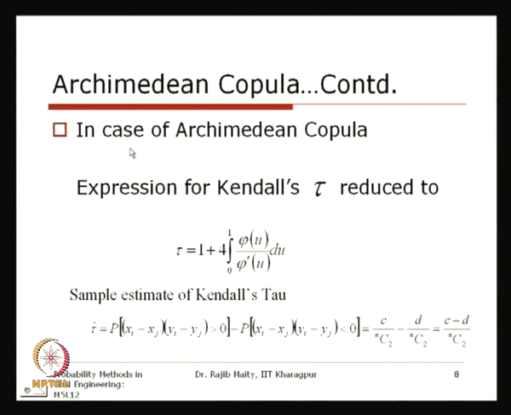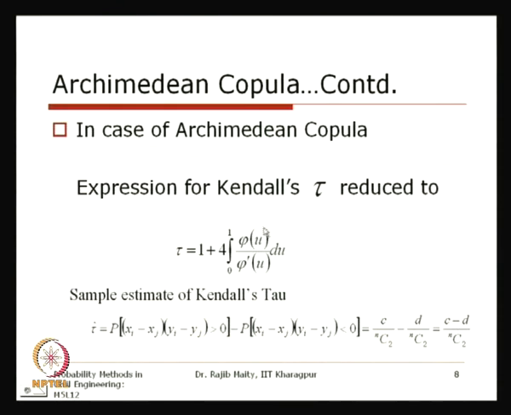In case of Archimedean copula, this Kendall's tau is reduced to this form, that is 1 plus 4 times the integration from 0 to 1 of phi u by phi prime u. This phi prime u is the first order derivative of that function with respect to u, and this phi u, you know, is the generator of this function, and we integrate it as a definite integral from 0 to 1, and that, times 4 plus 1, gives you the form of this tau.